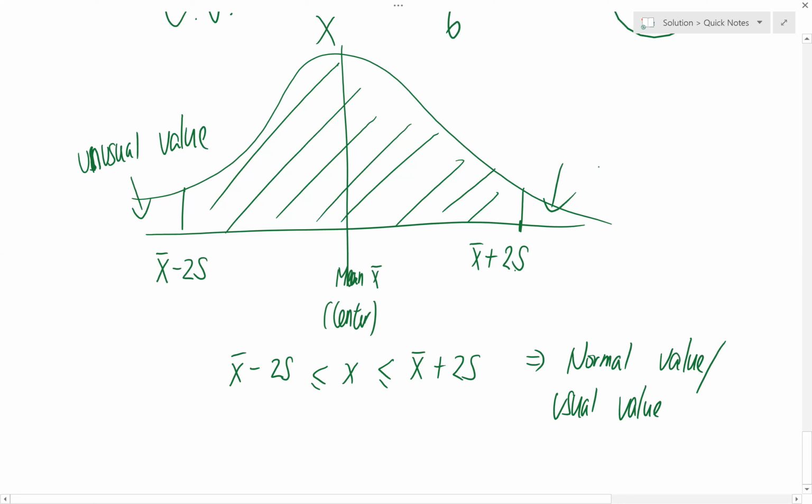And this is what we typically call outliers, if you're connecting it with that concept. If this occurs, we have unusual values, and usually it's a potential outlier. Meaning if it is above 2 standard deviations or below 2 standard deviations on the left, then it's an unusual value. It's typically a potential outlier.